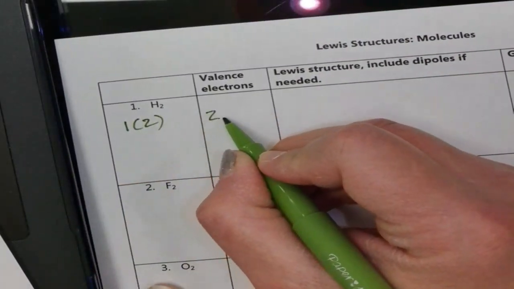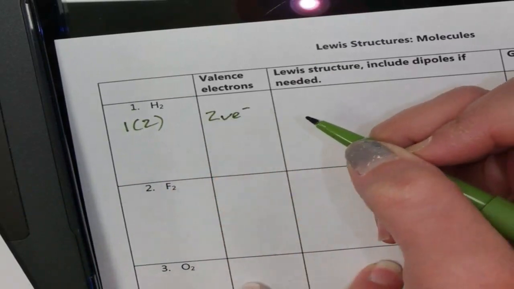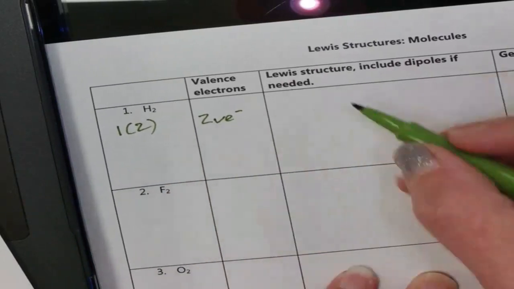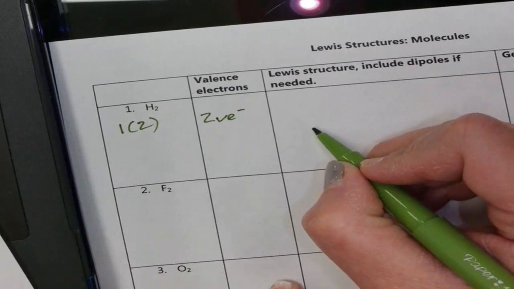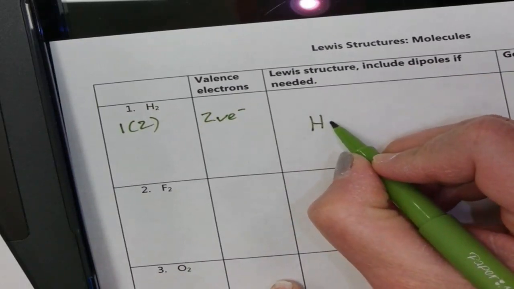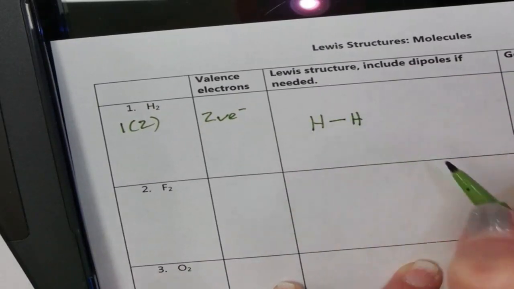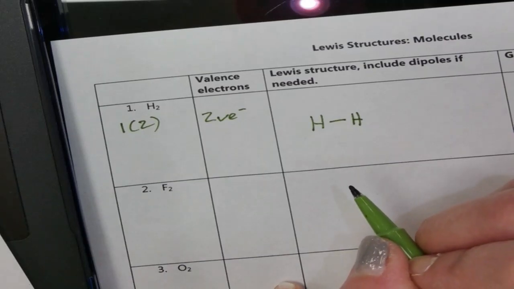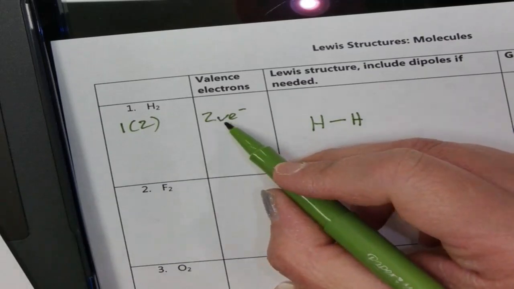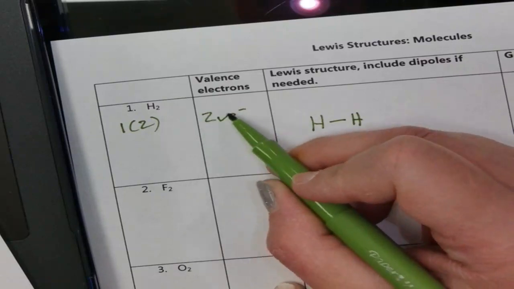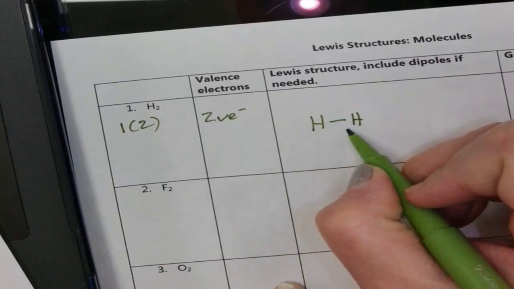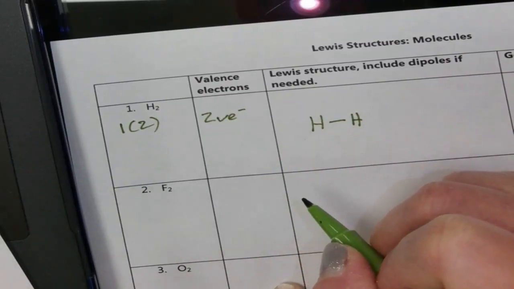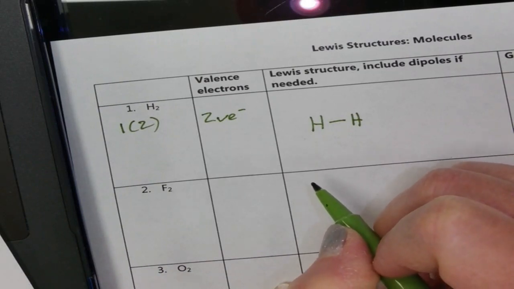That means I have two total valence electrons. So when we draw our structure, a line represents two electrons. And in this hydrogen, I can only do two electrons. I have two here. And so this is an appropriate structure.